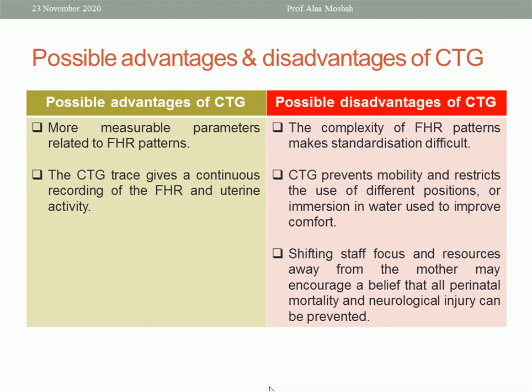CTG prevents mobility and restricts the use of different positions or immersion in water used to improve comfort. So if the patient wants to move, I cannot leave her because the electrodes or the transducer are fixed on her abdomen, so she should lie or sit in her place. So there is limitation in the movement of the pregnant lady.